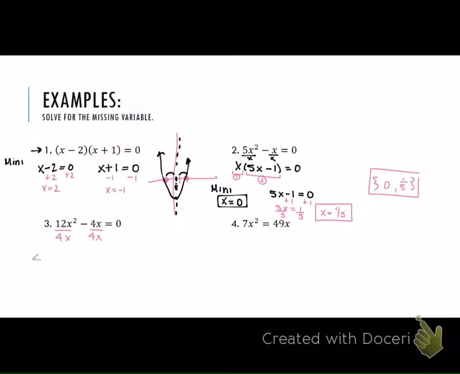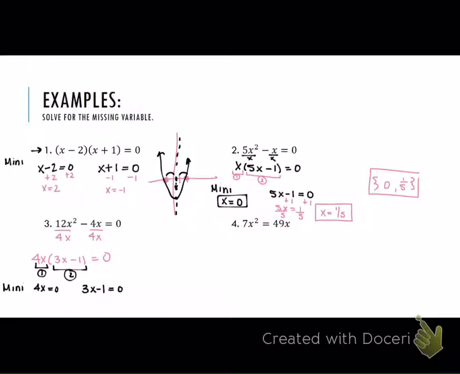So we take a 4x out, and we're left with 3x minus 1 equals 0. So Blaine, what are my mini equations for this one? 4x equals 0. Good. And then 3x minus 1 equals 0. Perfect. So once you get to the factored form, you can create those mini equations.